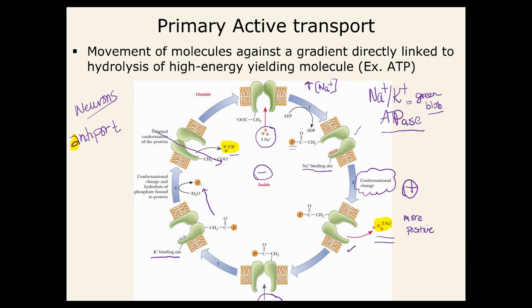Okay, that requires energy, because as more sodium gets pushed out, its concentration is going to increase on the outside, so we need energy to keep pushing it that direction.